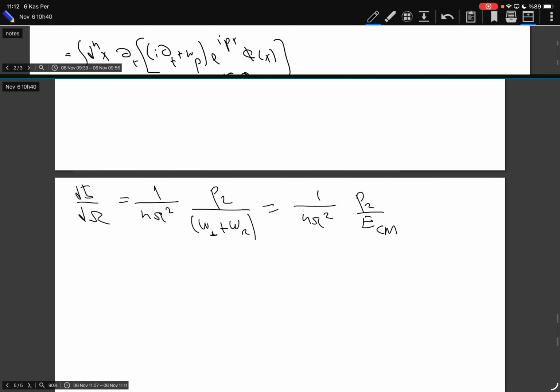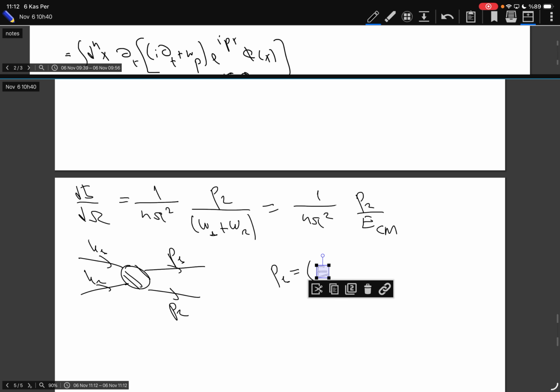You see, I have particles coming in, let's say with momentum k1 and k2. Something happens, particles coming out with momentum p1 and p2. P1 will be the 4 vector, E1, omega 1 times P2 minus P2, and P2 is omega 2 P2.